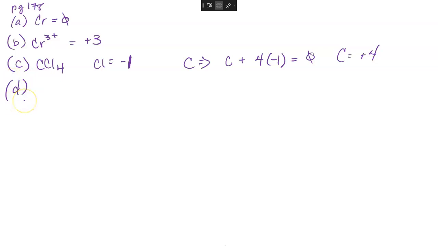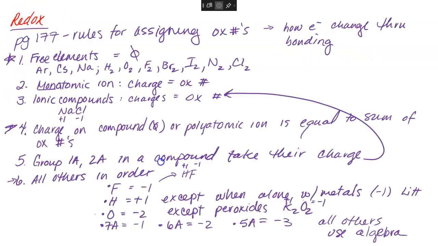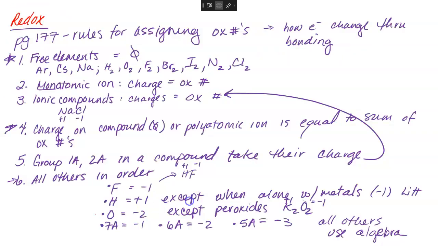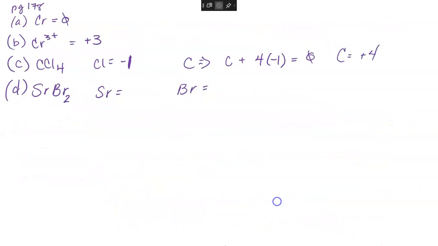D. Let me know if I'm going too fast, please. Strontium bromide. So we have strontium and we have bromine. Looking at your rules, which rule are we going to use to assign? Is it a free element? Do we have monatomic ions existing on their own?